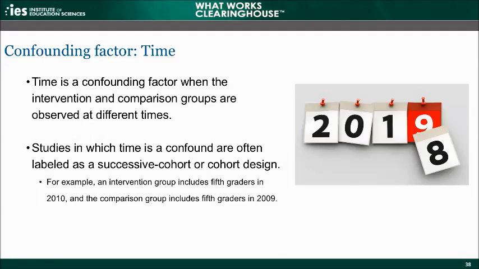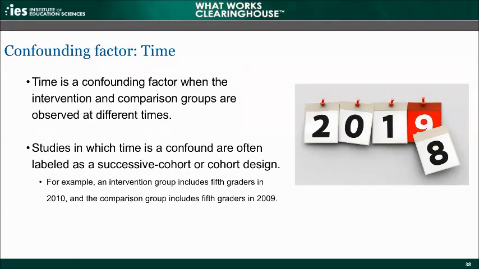One more thing to mention is time. Time is a characteristic that can be a confound. Time is a confound when the intervention and comparison groups are observed at different times. Studies in which time is a confound are often labeled as successive cohort or cohort design studies.